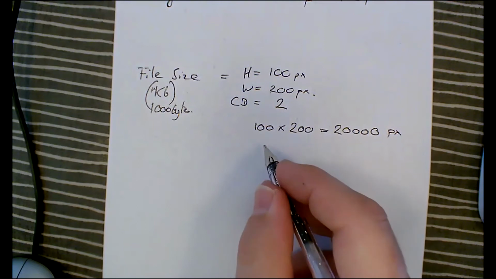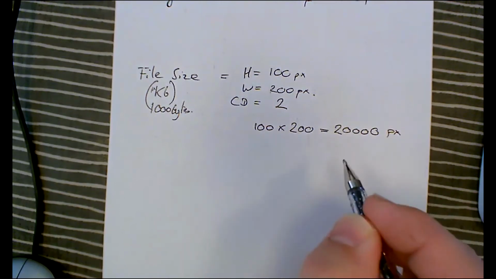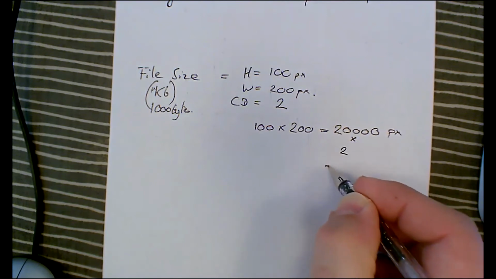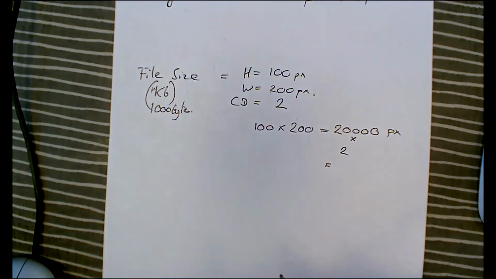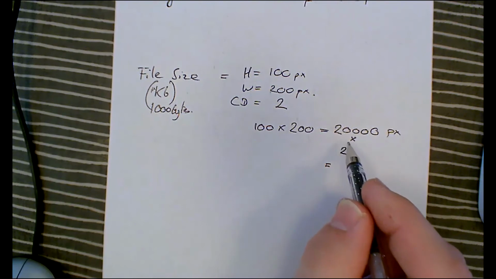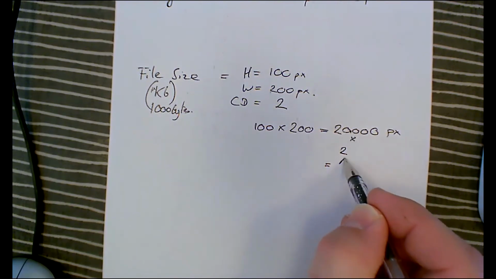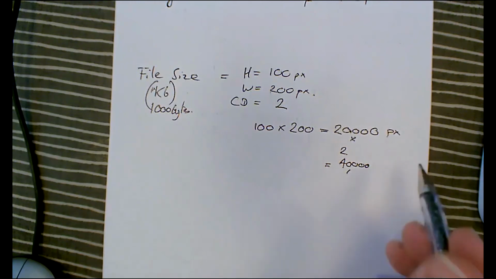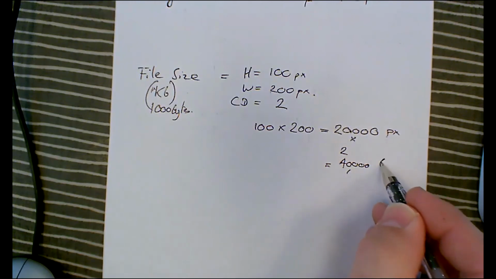What you then do is multiply that by 2. So 20,000 times 2 is 40,000. Okay, you have 40,000 bits.